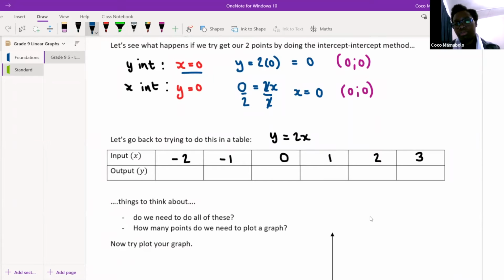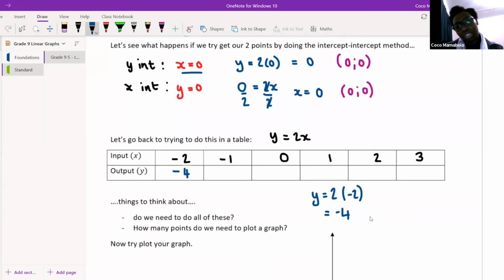The output will be y equals 2x. That means we're going to multiply the 2 by the -2. Good. So what's my y value going to be? -4. Good. So I've got -4 here. Can you give it to me in coordinate form? Remember, coordinate form is not that difficult.